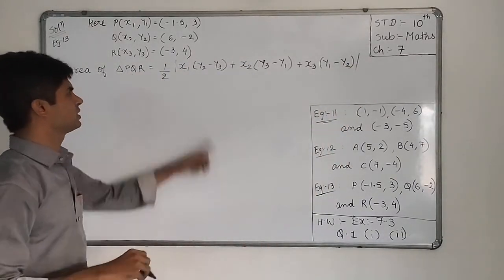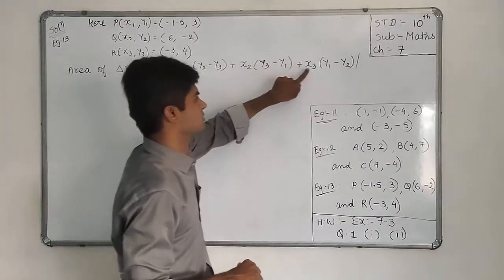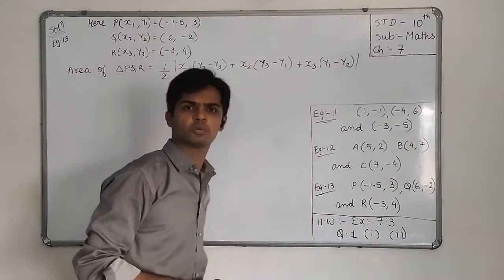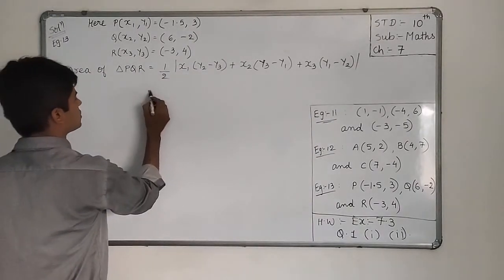Simple, right? 1 2 minus 3, 2 3 minus 1, 3 1 minus 2. Okay, let us put down the values here.